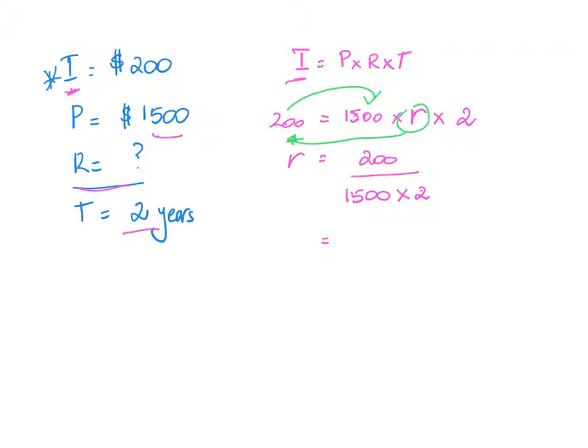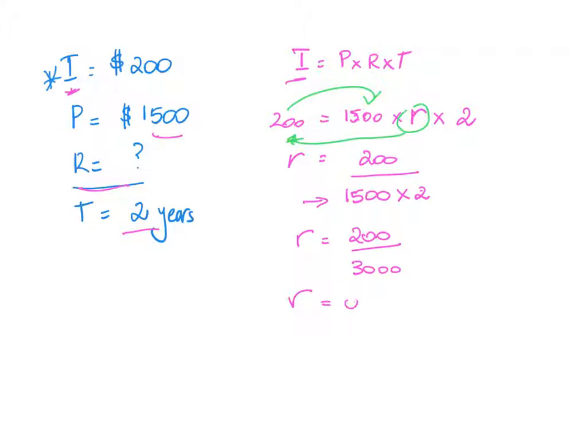Now, in order to work this out, remember BOM, if you're working it out using your mind, you want to make sure that you work in BOM order. So you'd work out this bit here first. So it would be 200 divided by 3000, because 1500 times 2 is 3000.